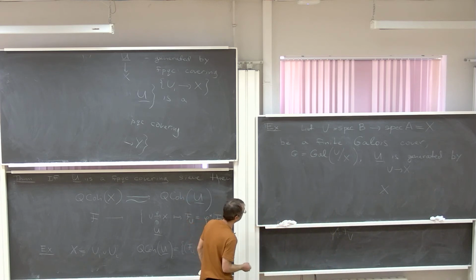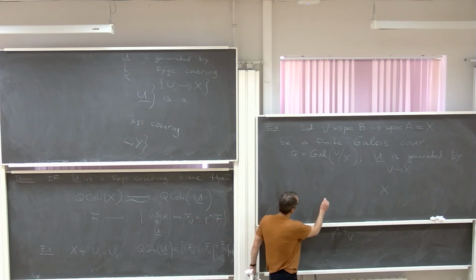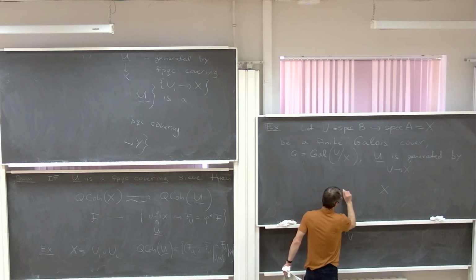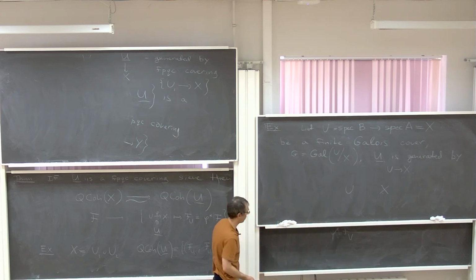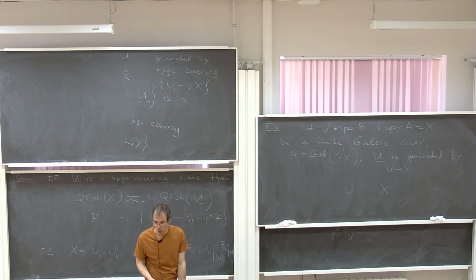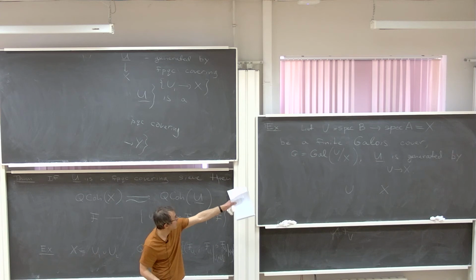First of all, we are supposed to be given a quasi-coherent sheaf on U. A quasi-coherent sheaf on U is the same as a module over functions on U. It's the same as a B module.